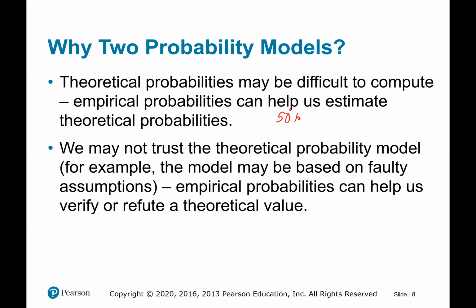We may not choose the theoretical probability model, for example, if the model is based on faulty assumptions. Empirical probability can help us verify or refute theoretical values. So sometimes we have to check whether the theoretical probability is correct by using the empirical probability to verify it.